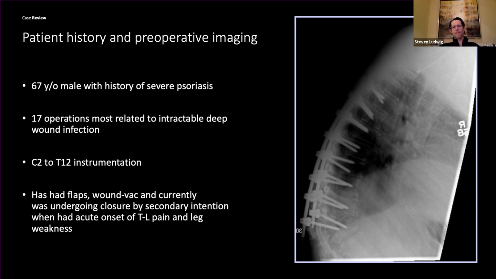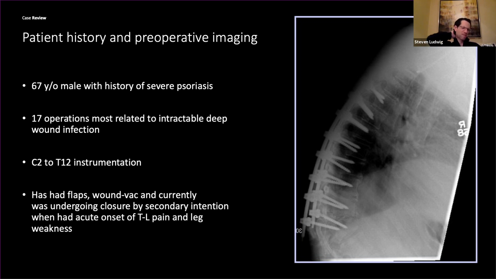A lot of them were initially for cervical myelopathy that developed into an infection, an osteomyelitis reconstruction that went down the spine, requiring further extension. He presented to our institution after a motor vehicle collision.